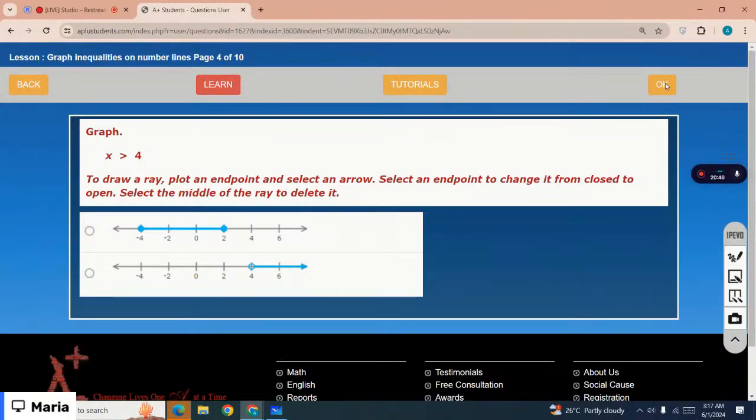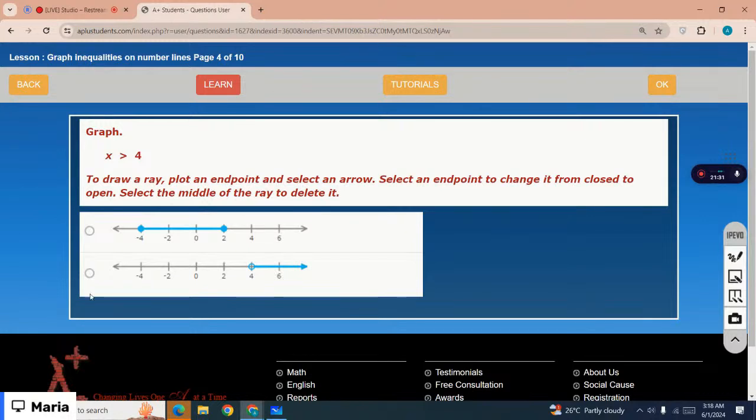Graph x is greater than 4, so which is the correct option? The correct option is option number 2 because x is greater than 4.